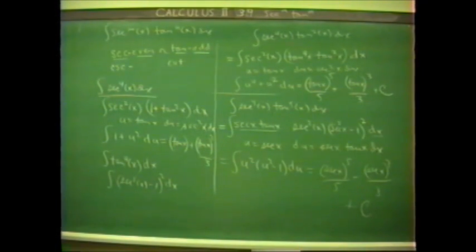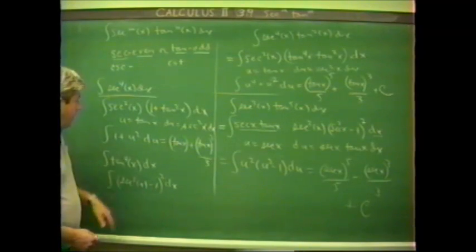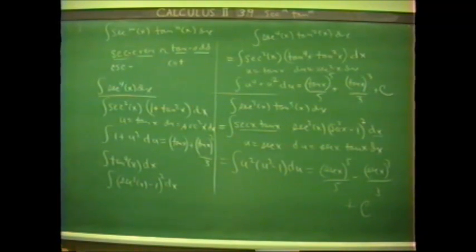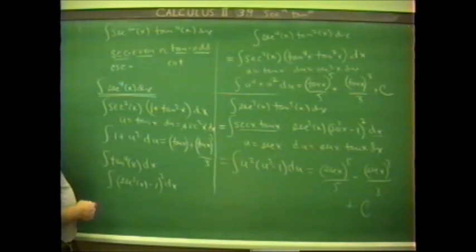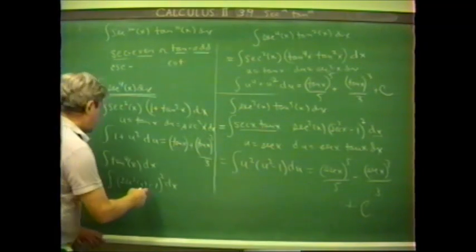We're going to end up with all powers of secants here, and so consequently, we're going to be able to do this just like we could do secant to the fourth. Well, let's look at this.